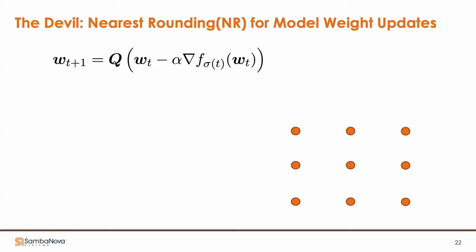To understand why that's happening, let's look at how weight updates happen in a neural network. You feed a mini batch into your neural network, you calculate the loss based on that mini batch, and based on that loss value, you calculate your gradients. Once you have your gradients, you update your weight values using your favorite optimizer.